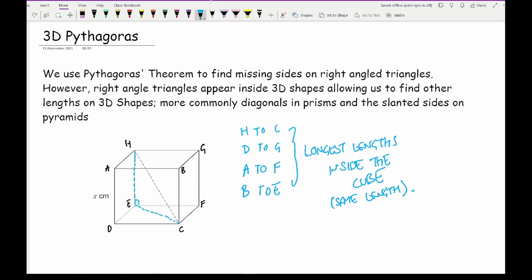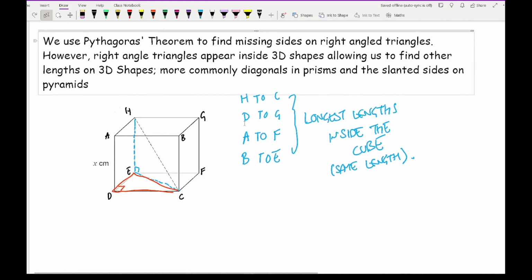So that triangle of E, H and C is a right angle triangle, and this here is also going to be a right angle triangle, where this here is our 90-degree angle. And so you can see how this turns into a two-stage Pythagoras question if we're asked to find the longest length or the diagonals from one end to the other of this prism.